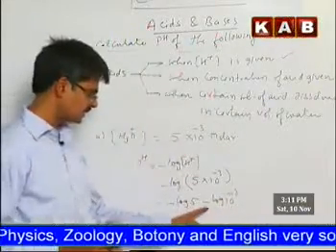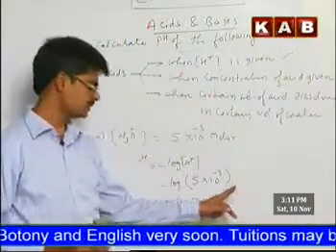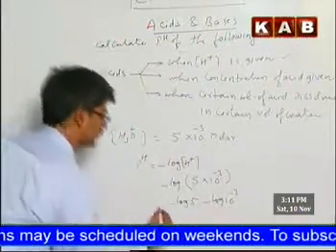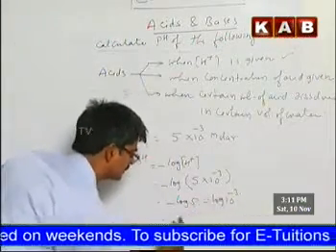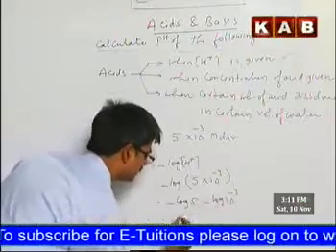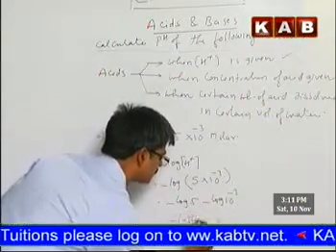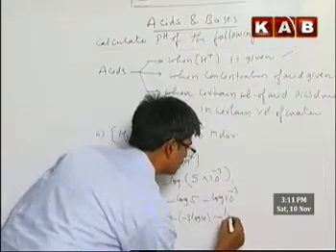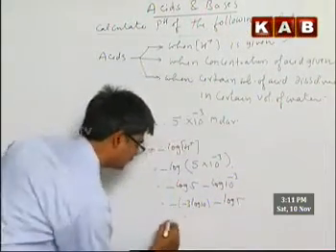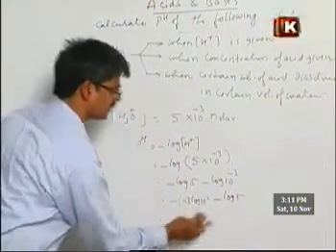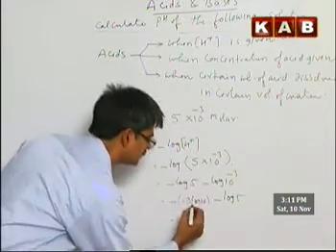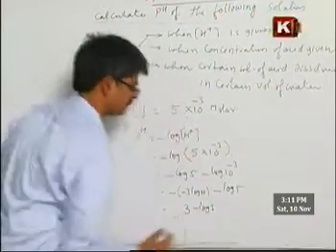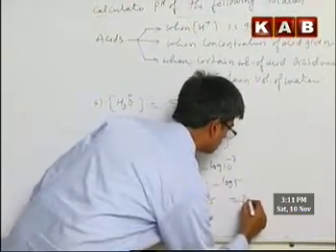This minus log 10 power minus 3 is equal to minus of minus 3 log 10. So which is equal to, minus 3 log 10 here, and this is minus log 5, which is equal to plus 3 log 10, and log 10 is equal to 1. Therefore this value becomes equal to 3 minus log 5.